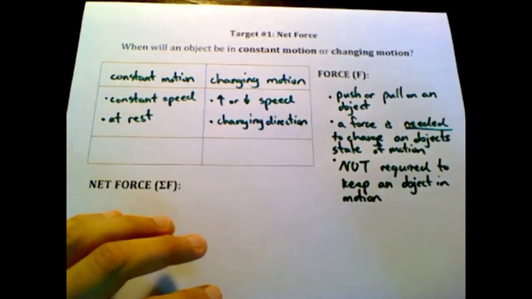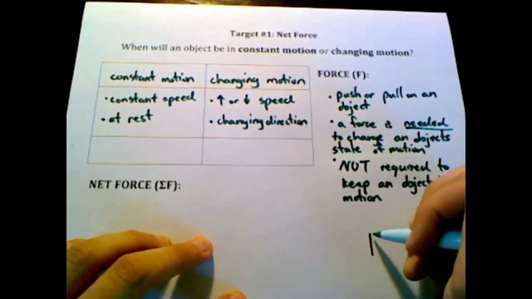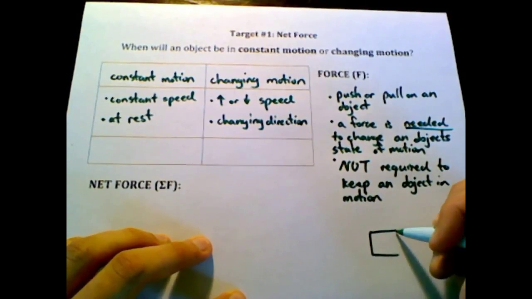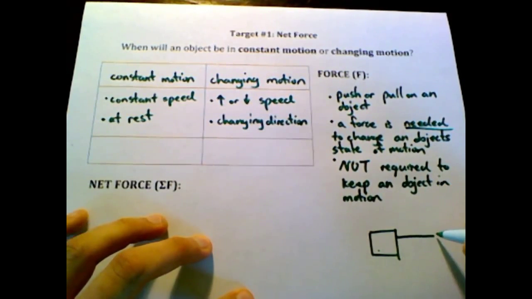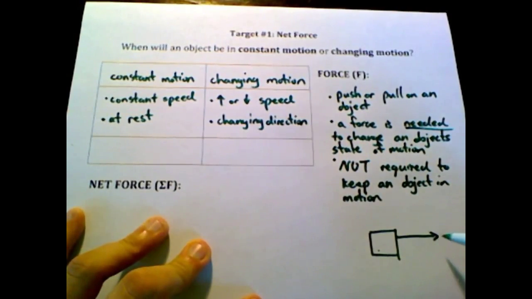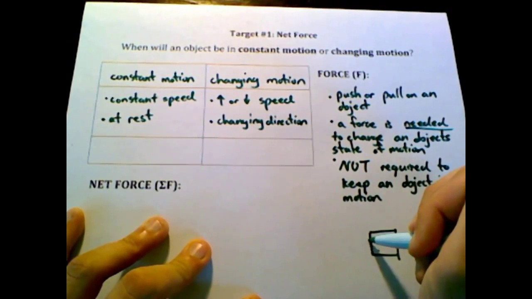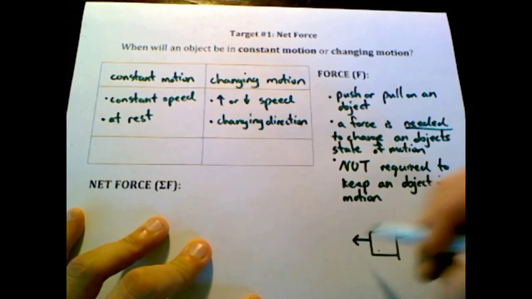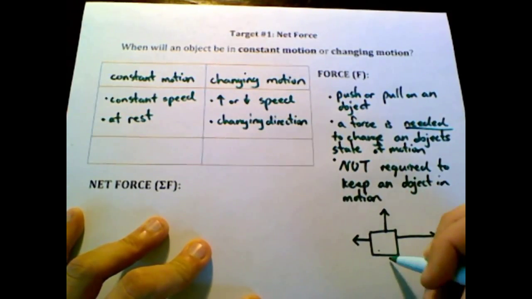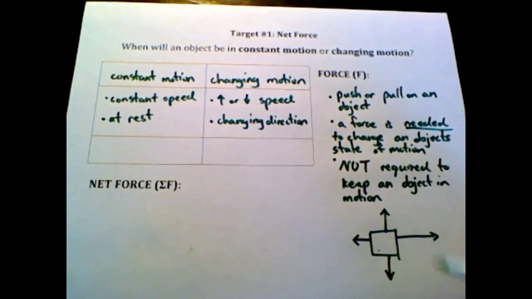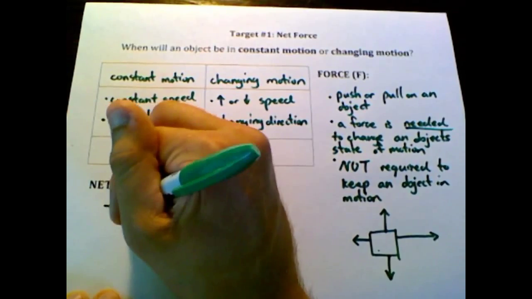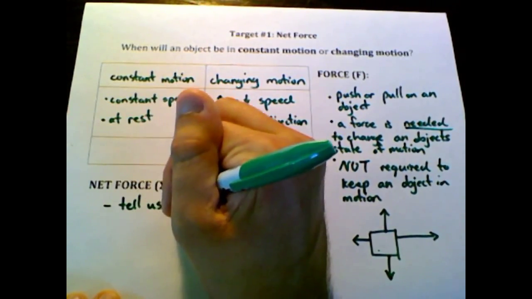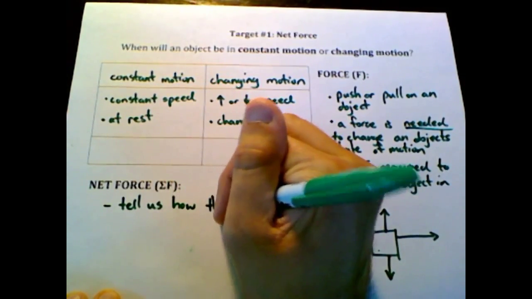All right, so that's the idea behind force, but as we know from everyday experience, if we have an object, let's say this is our object, it could experience not just one, but multiple forces. Maybe this object is experiencing a force going this way, maybe another force with less magnitude going this way. You could even have forces going up and down. So when it comes to determining how this object is going to move, that's when we look at our net force, which tells us how the object moves.